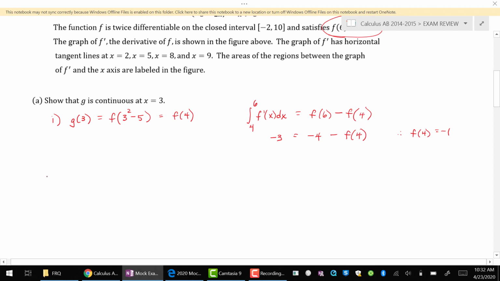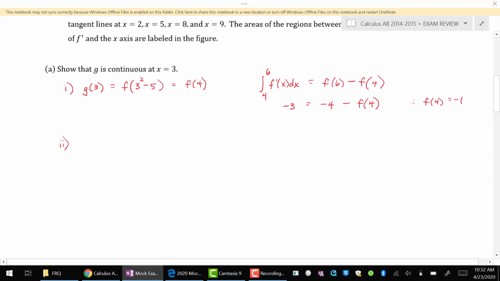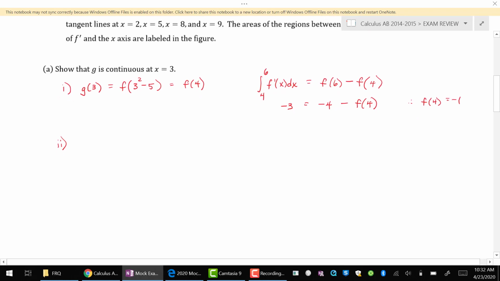Now, second piece of criteria for continuity. We've got to use the left and the right-sided limits as x approaches 3. So you must write down on your FRQ the limit as x approaches 3 from the left of our function and the limit as x approaches 3 from the right of our function.